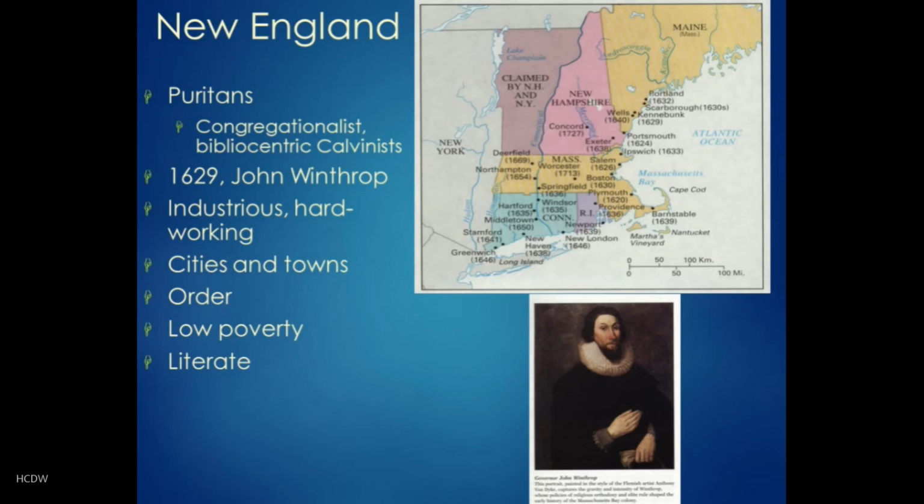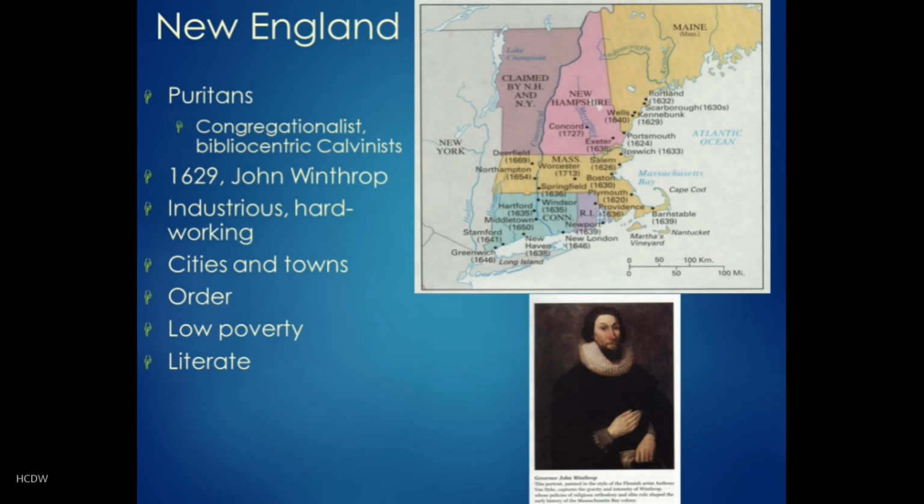The Congregationalist, meaning that they gathered in congregations, they gathered in small self-governing churches. This is also going to contribute to the small town nature of New England, which I'll also discuss more in a bit. Bibliocentric, meaning that the Bible was the center of their worship.